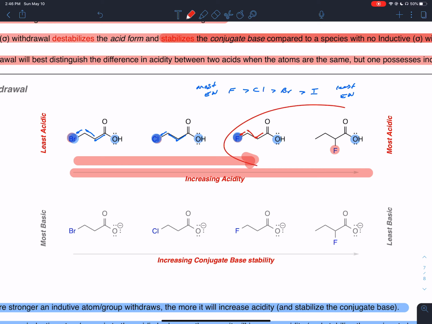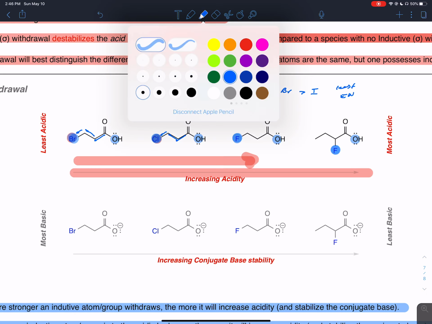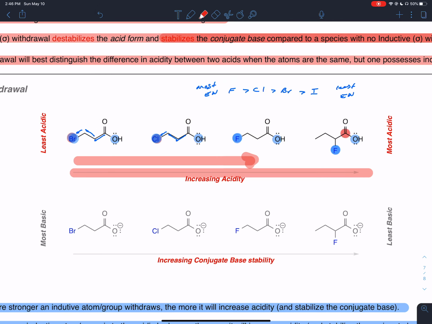Now, the difference between these two structures is the location of the fluorine atom. Notice how in the right structure, the fluorine atom is actually closer to the site of our acidic hydrogen, and in this structure, it's further away. When the fluorine atom is closer, its inductive capacity is greater, okay? You can kind of think about it in this way. If each atom has electron density around it, in the right example, the fluorine has to pull through a couple atoms, just 2 of those.